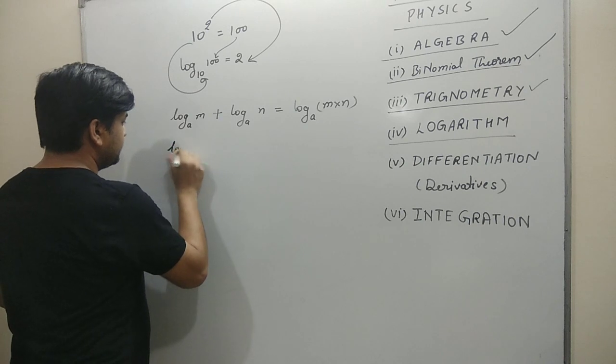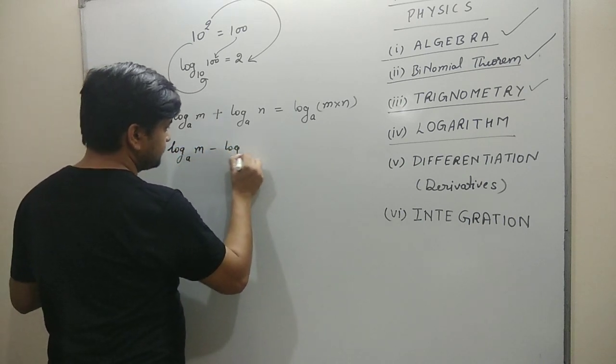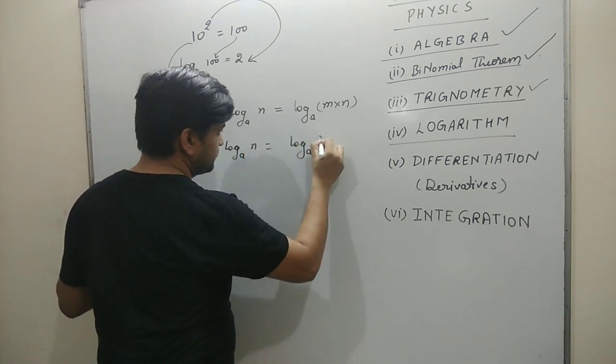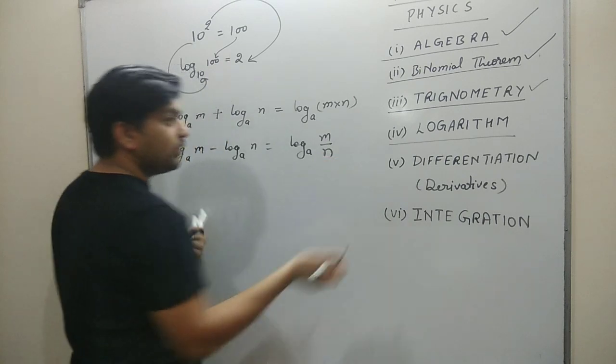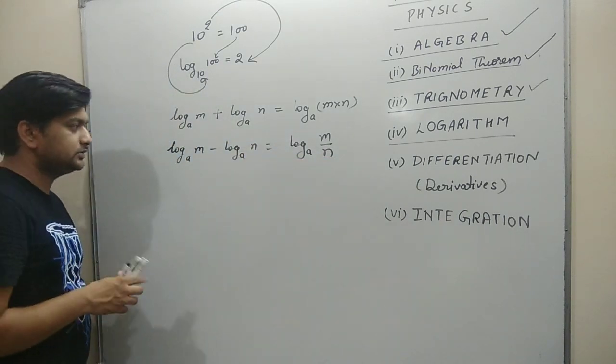And then if they got minus, they can be divided, or if they are divided they can be subtracted.